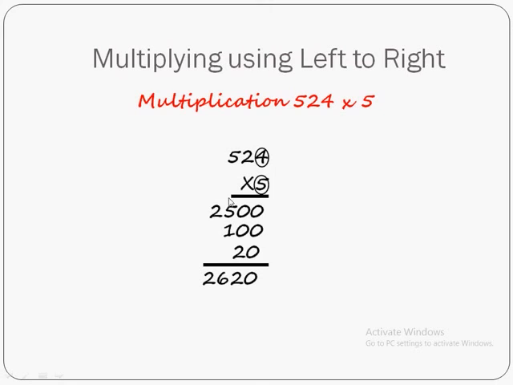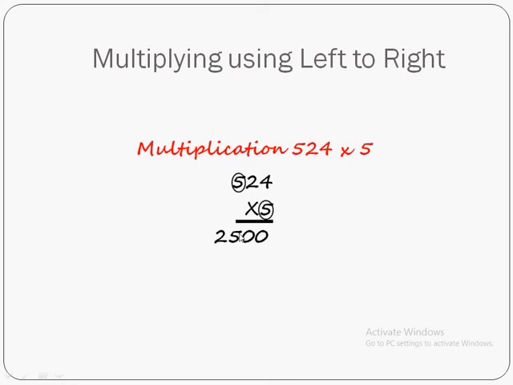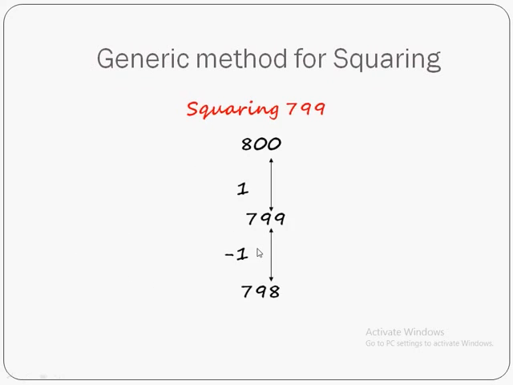Now when you follow this method, when you do the first multiplication 5 with 5 and write 2500, then you are aware the answer will surely be greater than 2500. Having the knowledge that the output will be greater than 25 hundred is far better than just knowing the last digit of the answer.